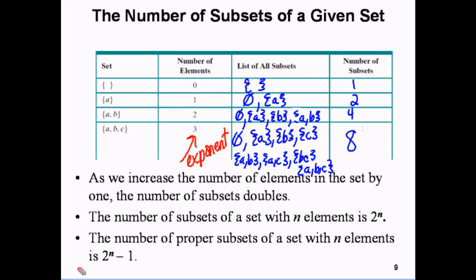Okay, this is the other thing. Proper subsets, because we have to take out the copy. Reduce it by 1. So subsets is 2 to the n, where n is the exponent. Proper subsets is that number minus 1.